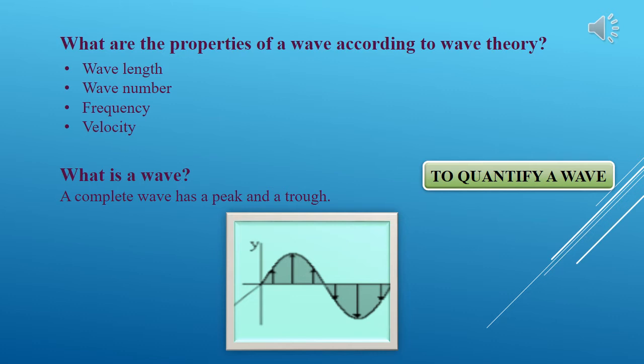A wave has a peak and a trough. The picture depicts a complete wave which has a peak and a trough or crest. And this wave is used to quantify a particular wave when it is used for analysis.